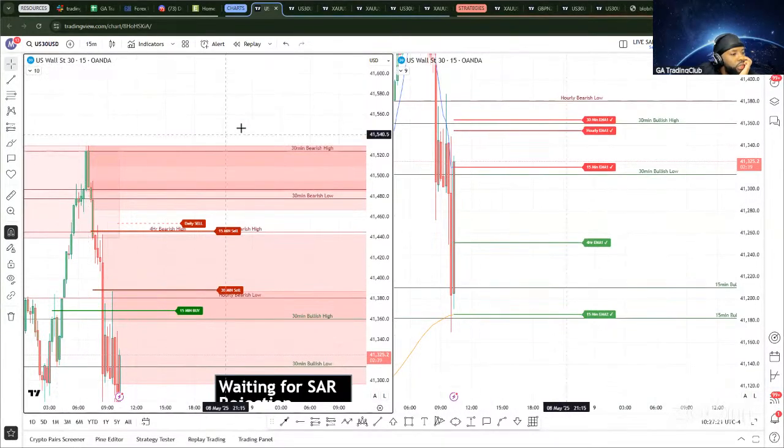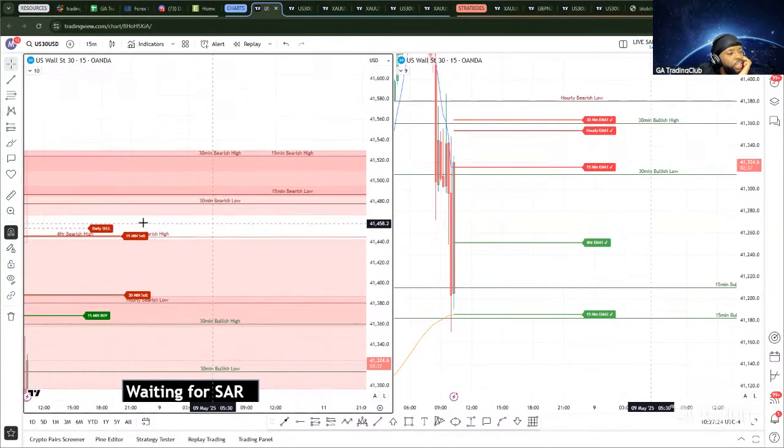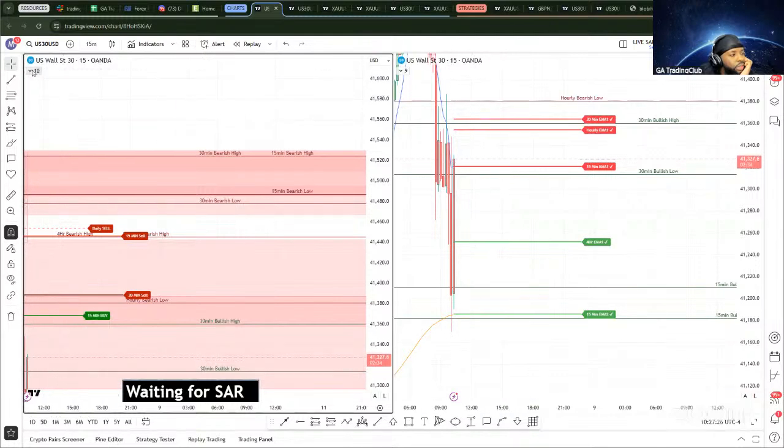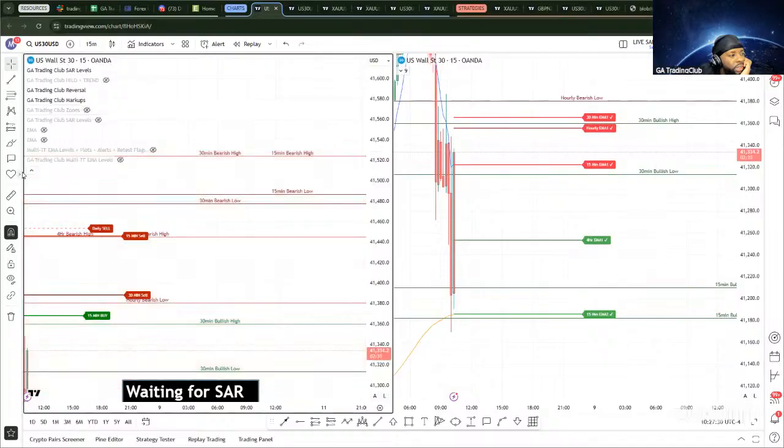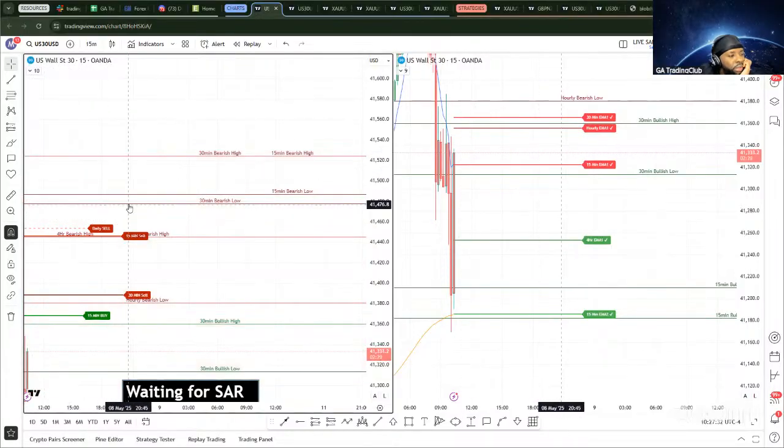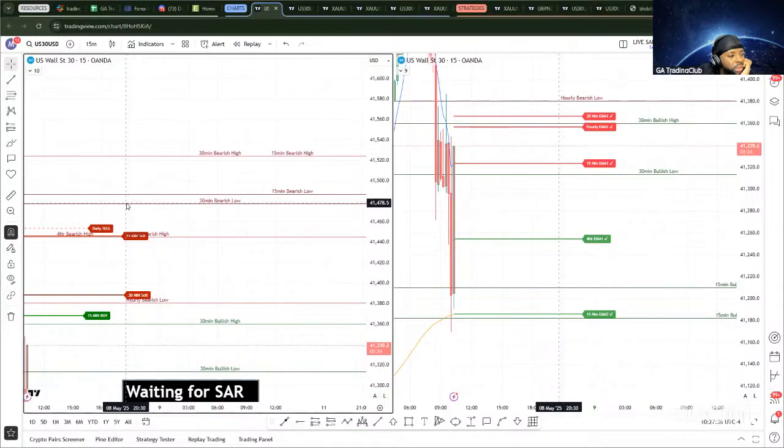The only order block I would take is, we have this order block at the top here. So 10 points from this would be 77 plus 10 is 80.